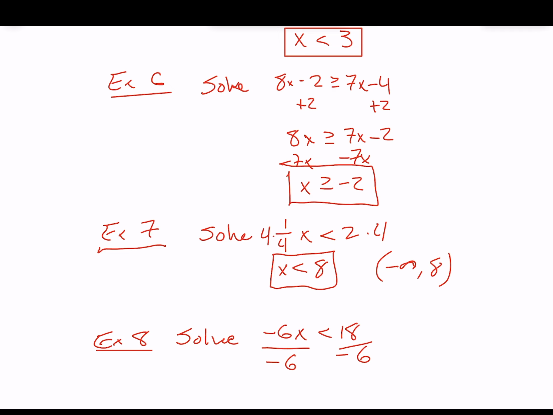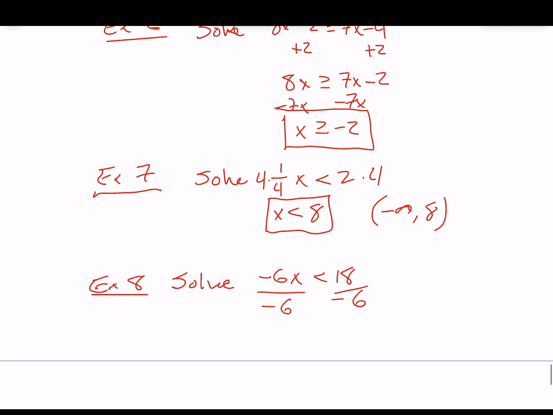And what happens when I divide by a negative number? Well, that means that my inequality symbol has to change direction. So we know our inequality symbol will go from less than to being greater than. Negative 6x divided by negative 6 is just x, and 18 divided by negative 6 is negative 3.